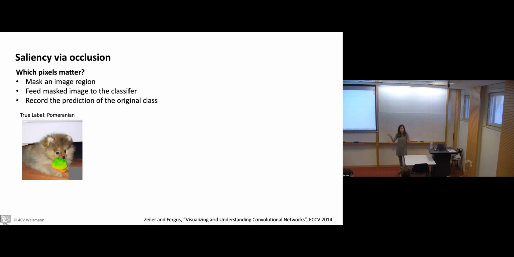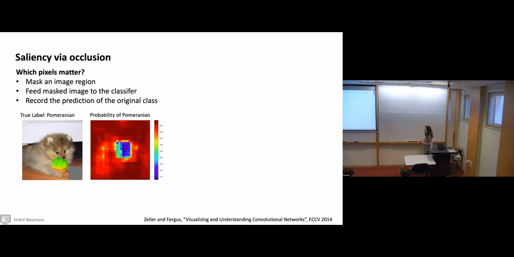And I'm going to do it for all the overlapping patches in my image, as I just showed you with this illustration. And this is going to give us the probability of Pomeranian for all these different regions in the image. Okay? Can you tell me what do we see here? How can we interpret this result given this image? Exactly.